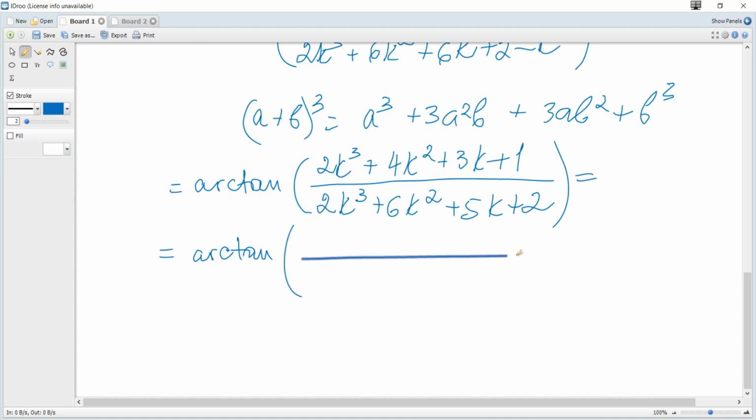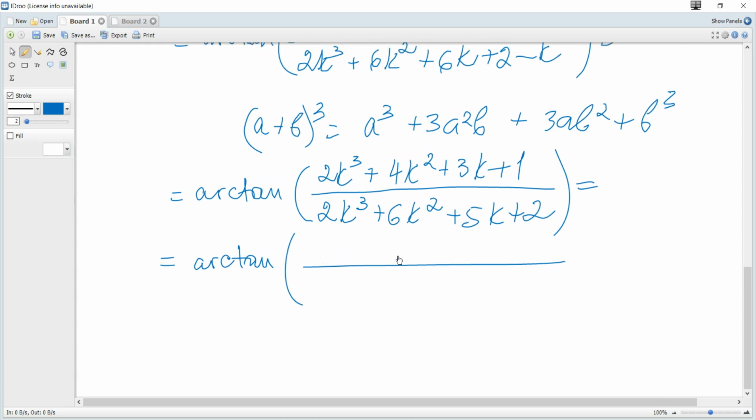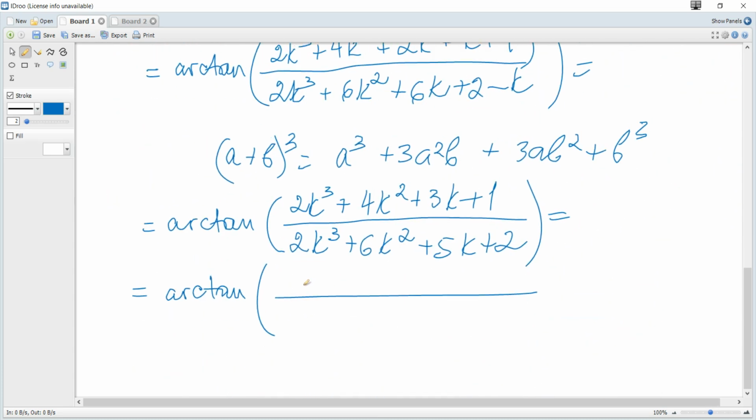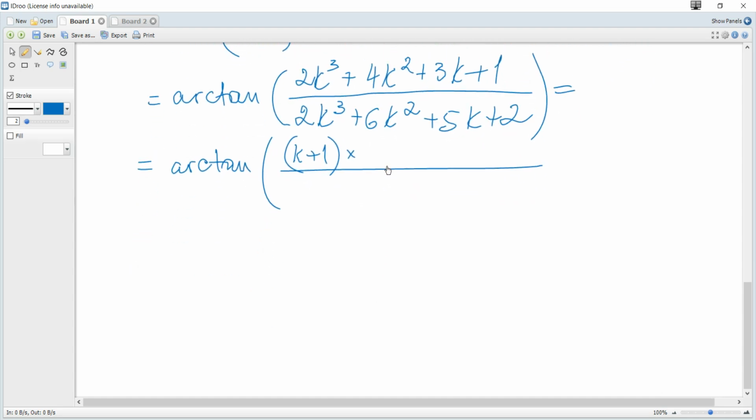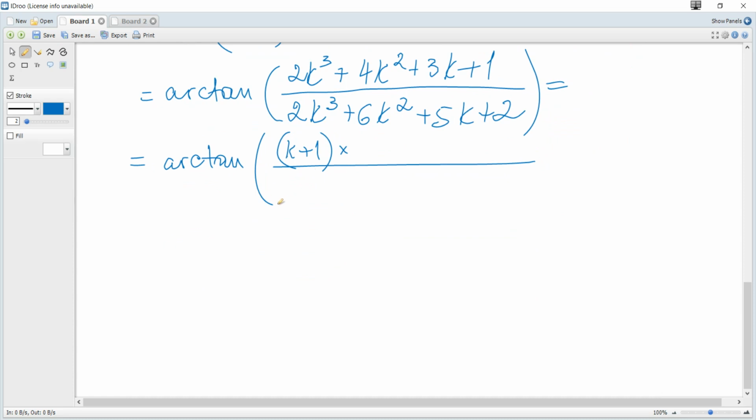Since we need k plus 1, let's try to rewrite it as k plus 1 multiplied by something. So let's just divide this polynomial of degree 3 by k plus 1.